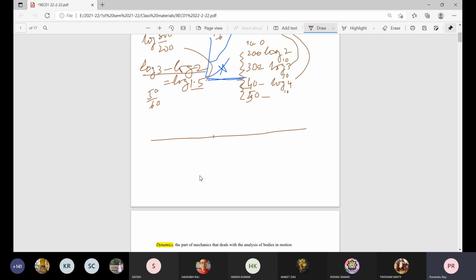Along that horizontal axis, suppose these three are the units of 1 to 10, 10 to 100, and 100 to 1000, and the spacing is 2, 3, 4, 5, etc. And similarly, it will be log 20, log 30, etc. And afterwards, it will be log 200, log 300.